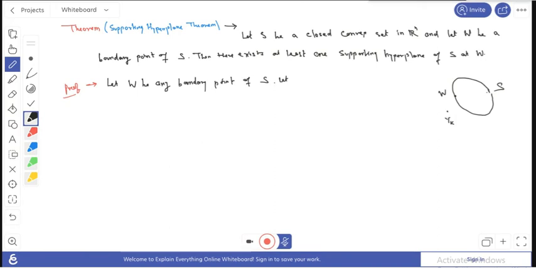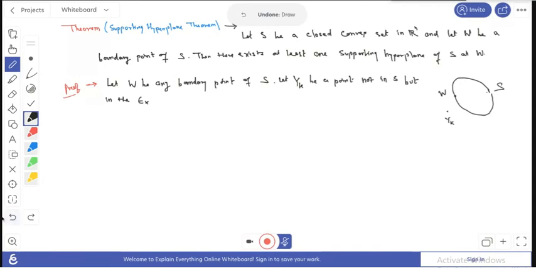Okay. So now we should assume that yk be a point, and that point is not in your set S. Okay, but in the epsilon k neighborhood of w.